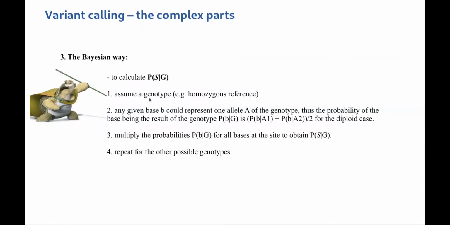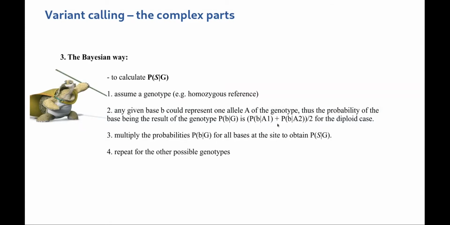Then what you know is that any given base B you're observing in the set of reads could represent one allele, let's call it A, of the genotype. So the probability of the base being the result of a diploid genotype consisting of allele 1 and allele 2, A1 and A2, is simply the average of the two probabilities of observing the base given one of those alleles.